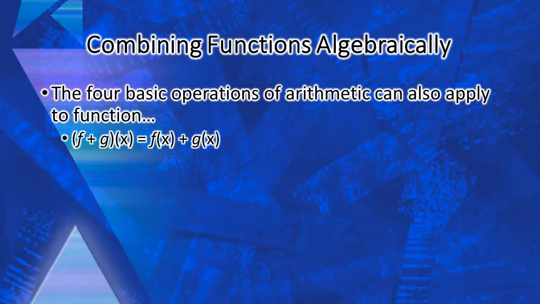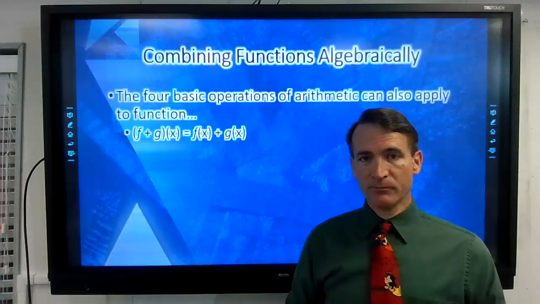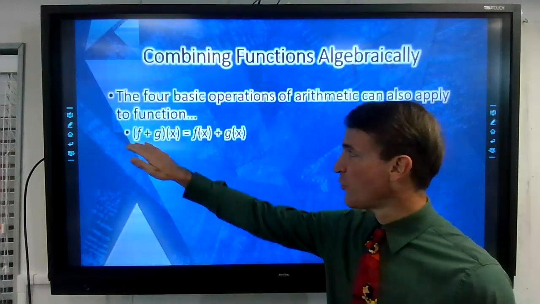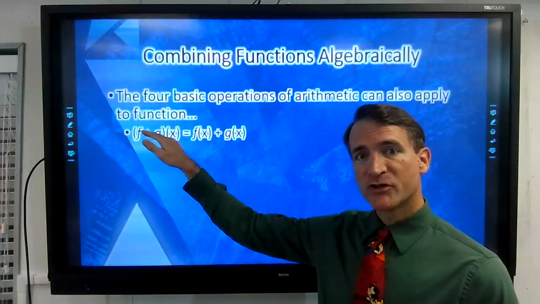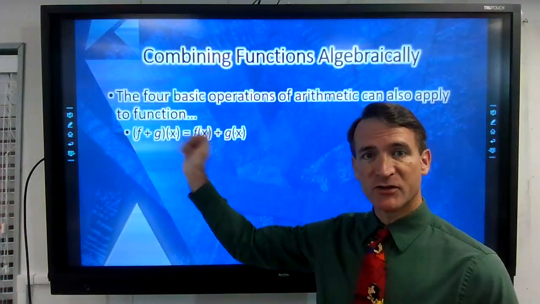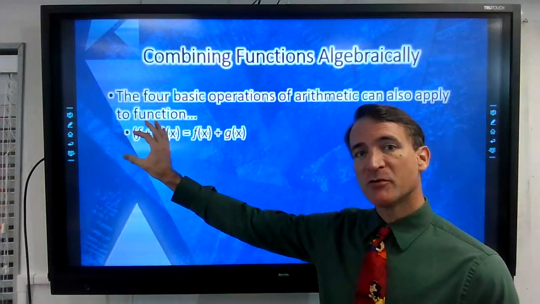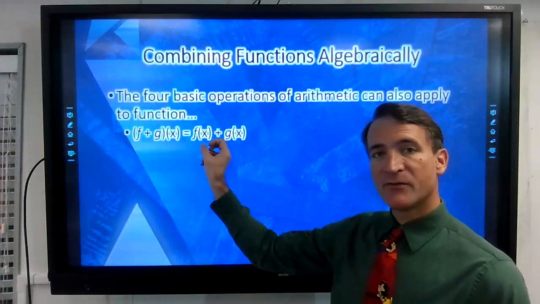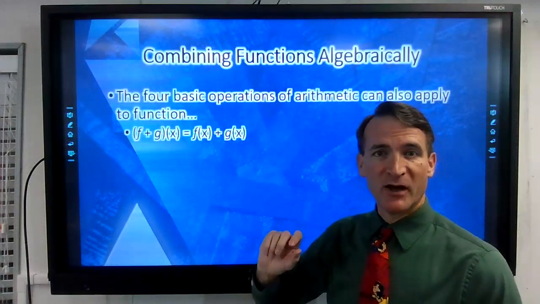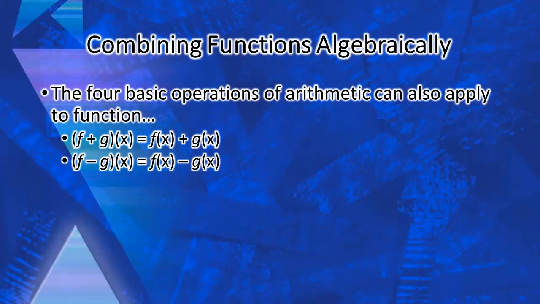If we take a look at addition, we have (f plus g)(x) is equal to f(x) plus g(x). So when you see it written in this form, with the parentheses f plus g, and then an x inside a second set of parentheses, you need to be able to translate that to f(x) plus g(x). The same is true with subtraction.